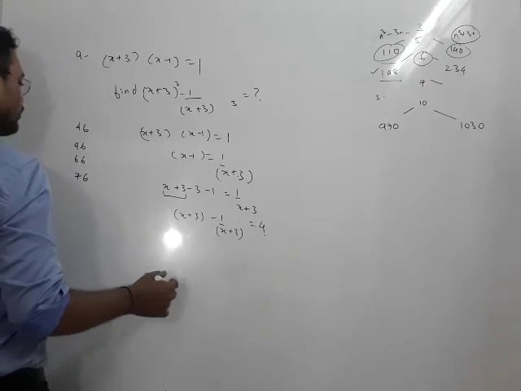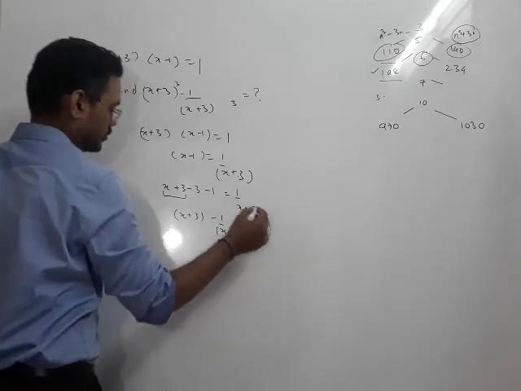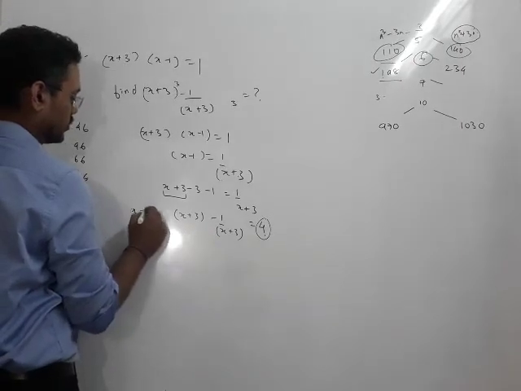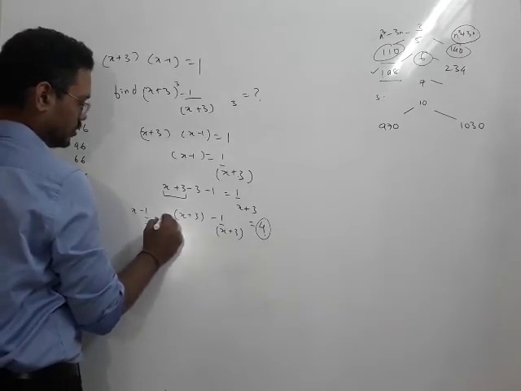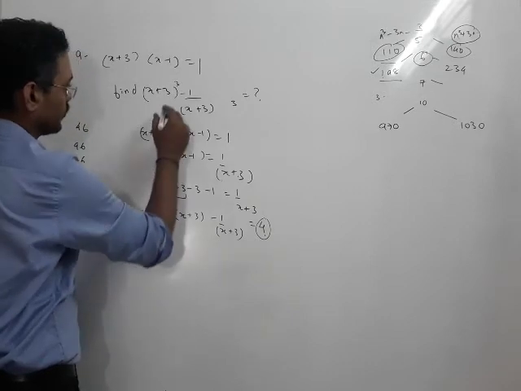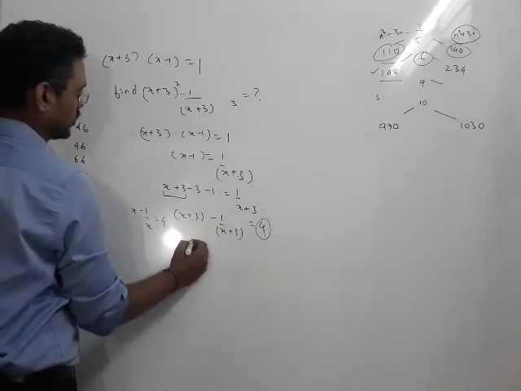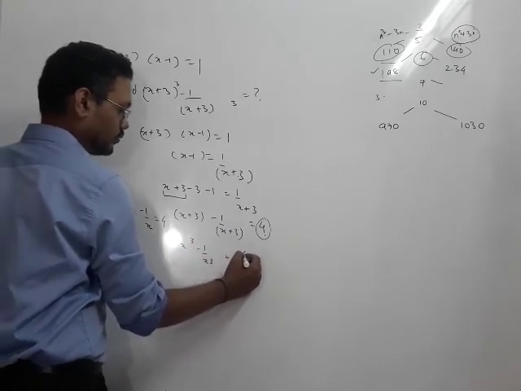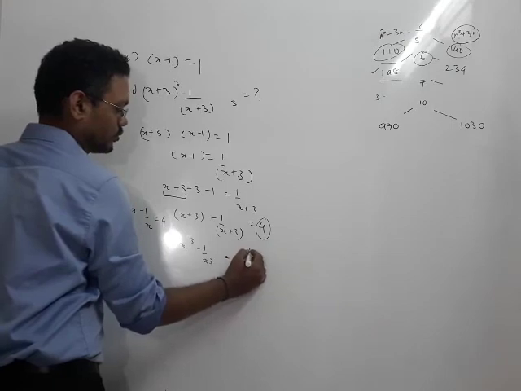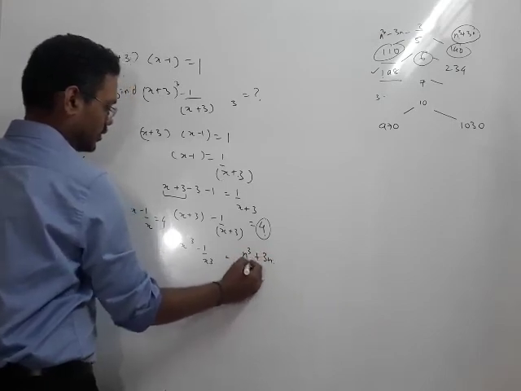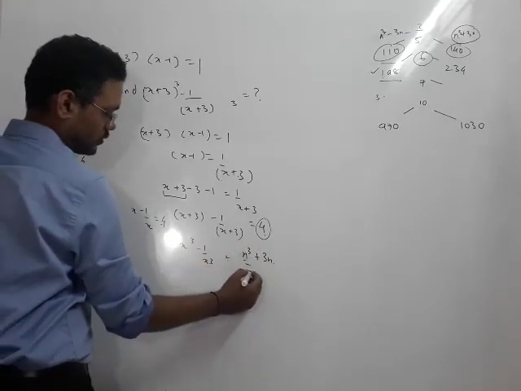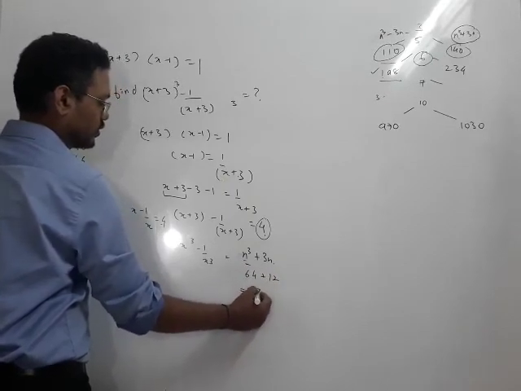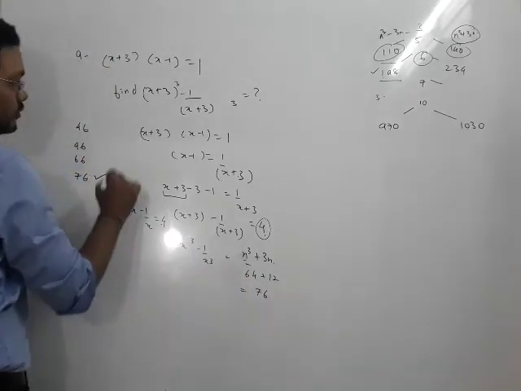The moment we have got 4, this becomes x minus 1 by x is 4. We have to find x cube minus 1 by x cube, which is of the form n cube plus 3n. n cube is what? 64 plus 12, which is 76.